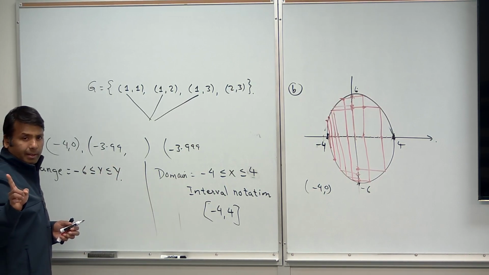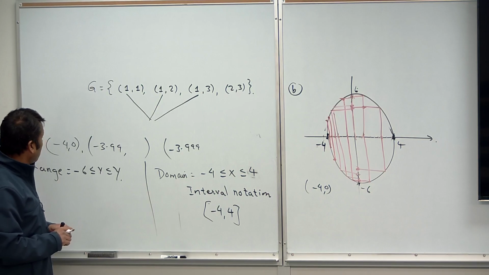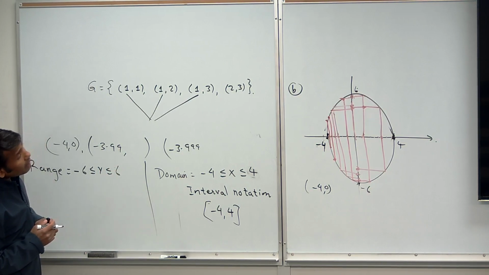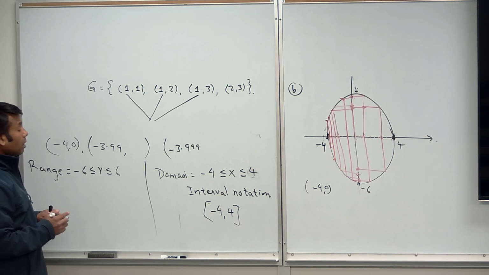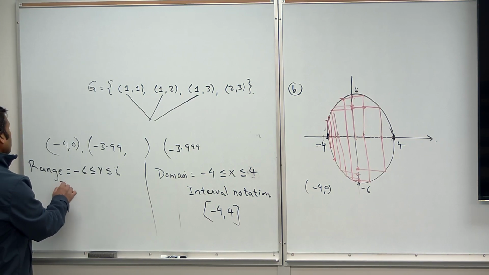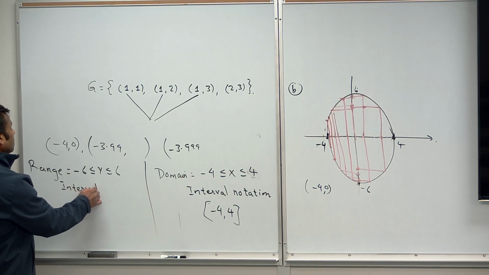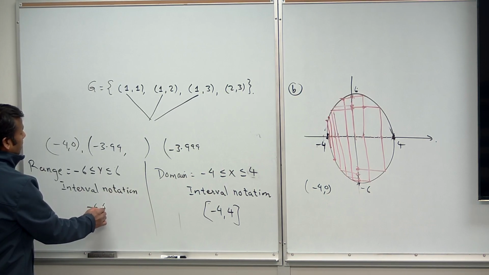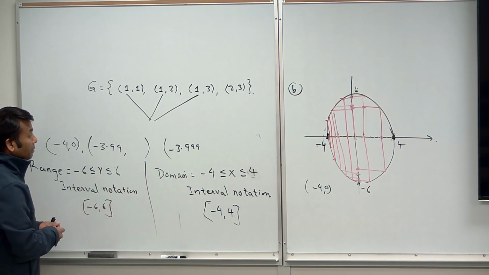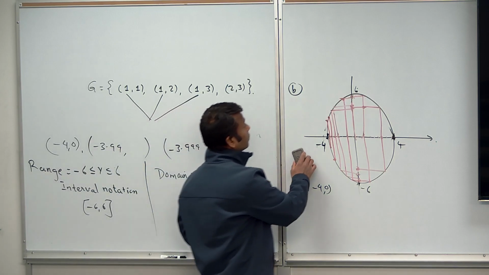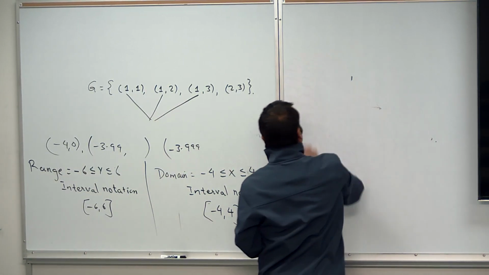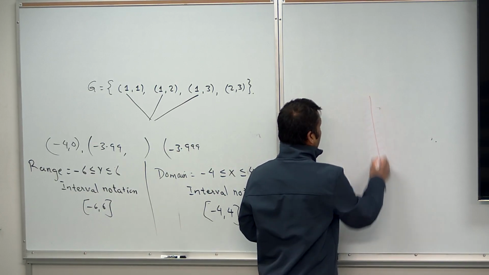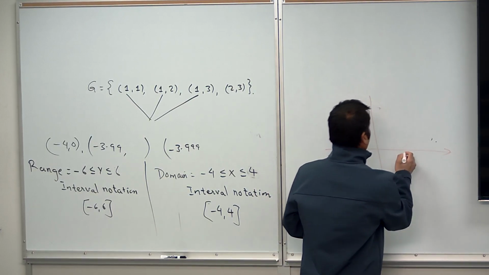You see what I'm talking about, right? Sorry, this is +6. Or you can write this in interval notation, so this is -6, comma 6. You have this, and you have this.